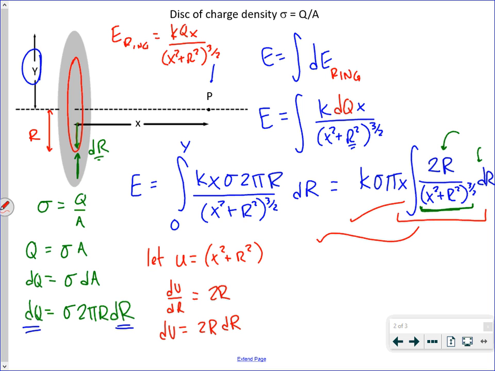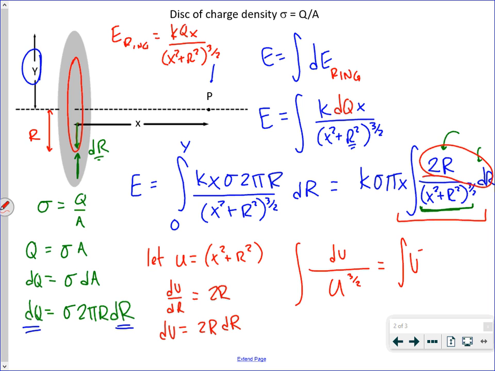Turns into, let's see, in the bottom I have u to the 3/2. In the top, I've got du. Oh, good. That's not too bad. So that means this is really the integral of u to the negative 3/2 du.